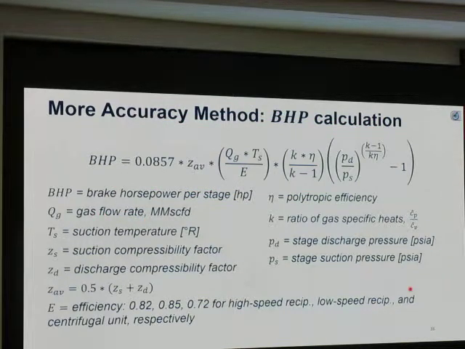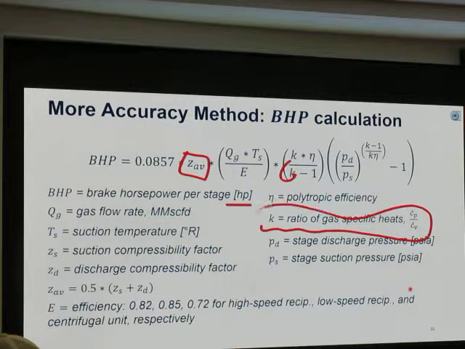The one that you have is isentropic. Okay, ideal horsepower. This one is the actual horsepower. They call it brake horsepower. In HP, we have the average compressibility factor. We have the K value. Is this K value at the inlet?